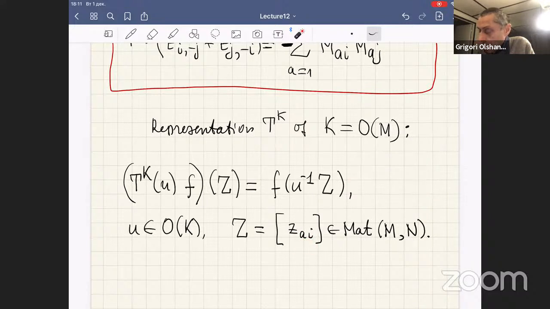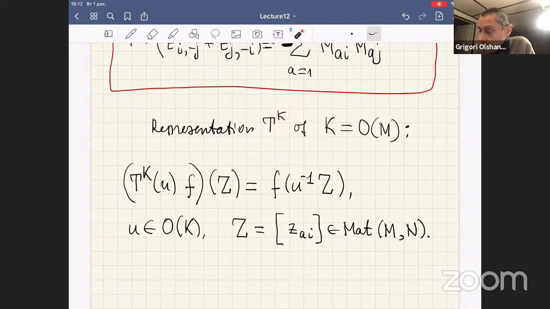And our space of polynomials, which is our Fock space, is just the space of polynomials in this matrix variable, and in this notation, the action of an orthogonal matrix is just obtained as a change of variables. We need here to get some right action, and so we write here minus. We invert, or one can write U transpose, which is the same for the orthogonal group.